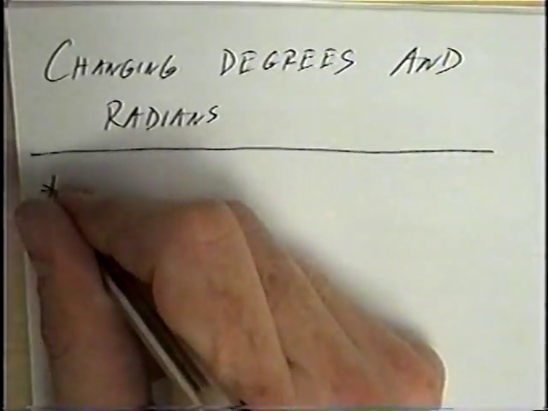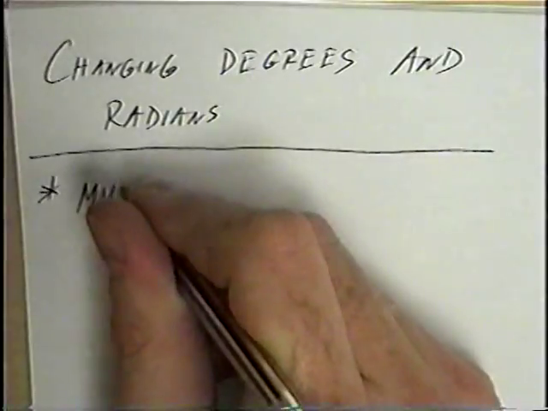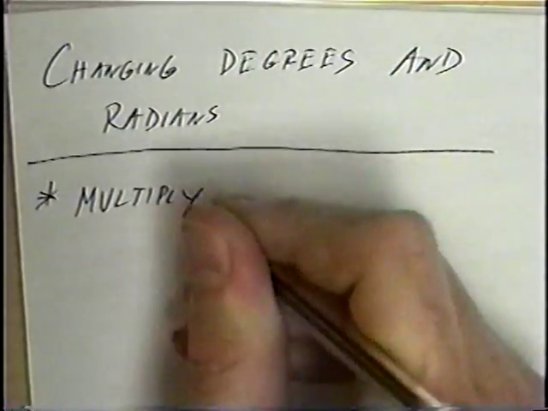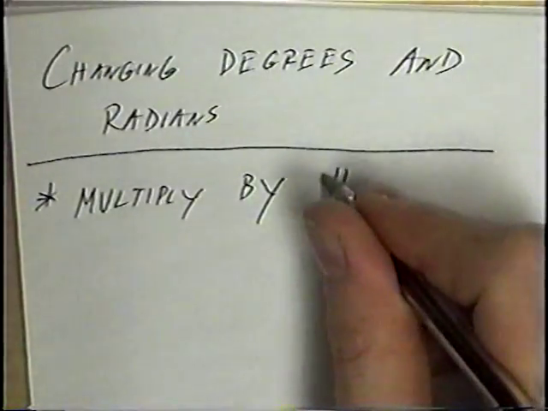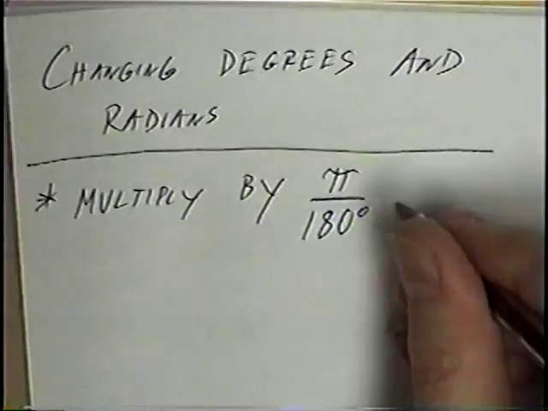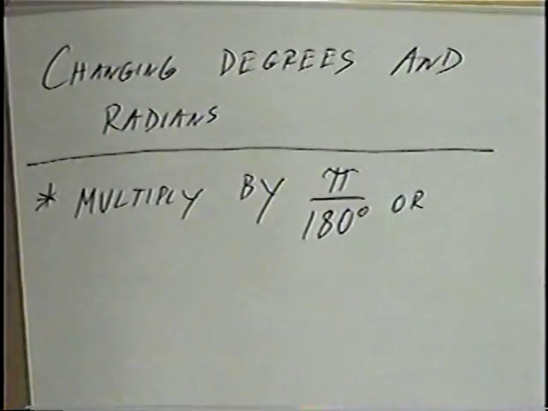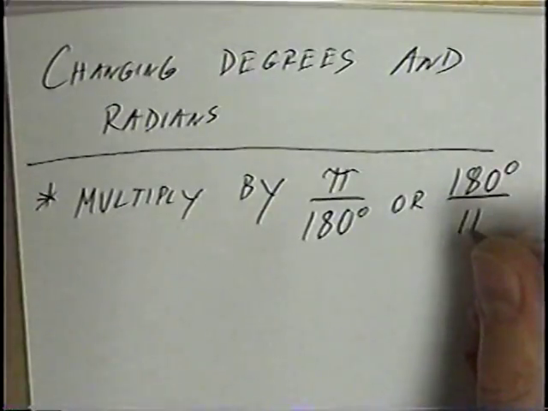The one definition or step that we'll use for this section is multiply by pi over 180 degrees, or the reciprocal of that, 180 degrees over pi.